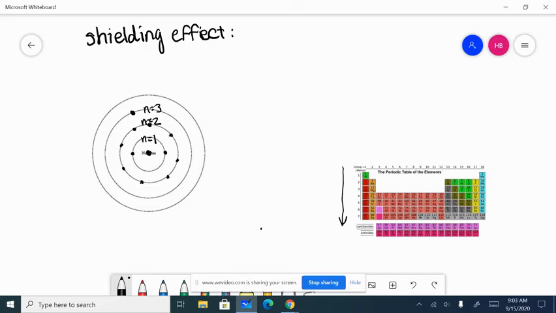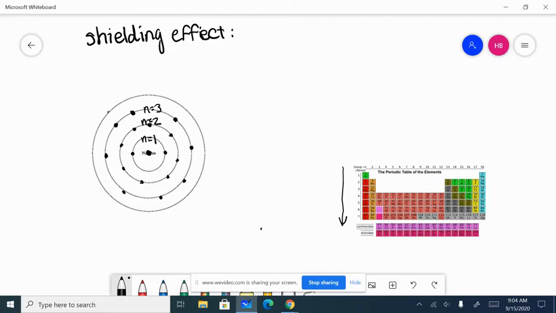So as you go down a family, the electronegativity decreases, the ionization energy decreases, and also the size or atomic radius increases. So let's fill up the third principal energy level: 1, 2, 3, 4, 5, 6, 7, 8, and talk about potassium.